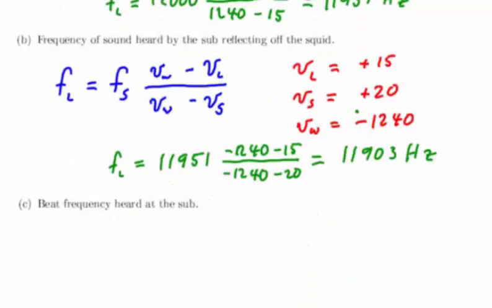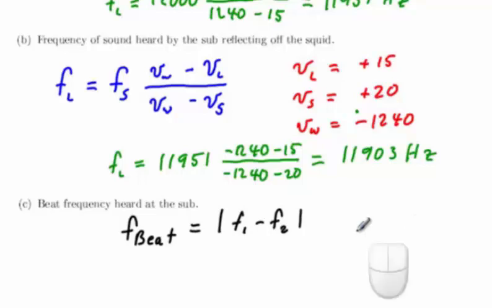Finally, in part C of the problem, we're asked for the beat frequency heard at the sub. What we know about beat frequency is that the frequency of beats, when you mix two waves of different frequency, is equal to the absolute value of the difference between the two frequencies. At this point in the problem, we need to ask ourselves, out of the three frequencies that we know of, 12,000 hertz, 11,951, and 11,903, which two of these are heard by a person on the submarine?